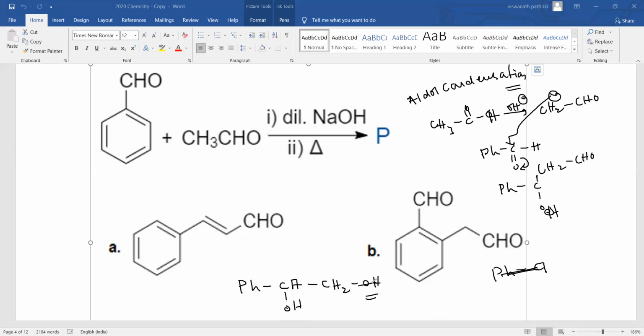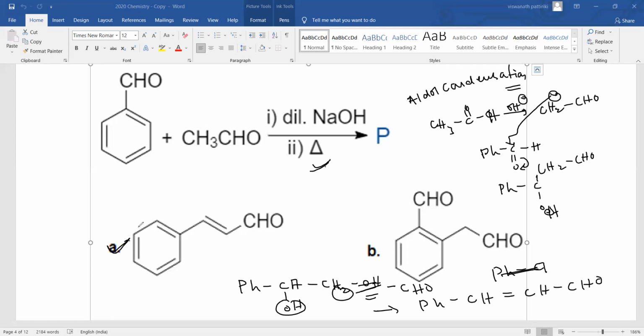Sorry, here it is CH2CHO only. Whenever heating takes place, elimination of a water molecule takes place. So whenever the elimination of water takes place, the product is like this. So option A is the right one.